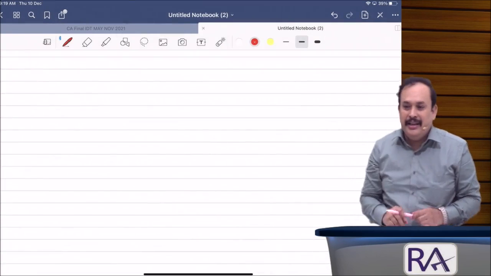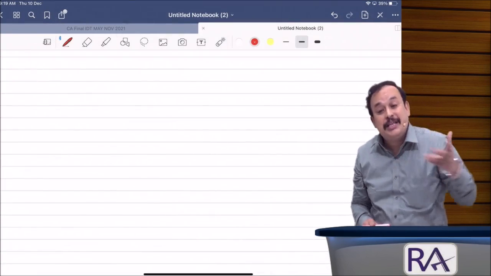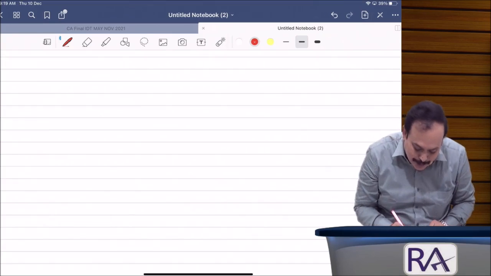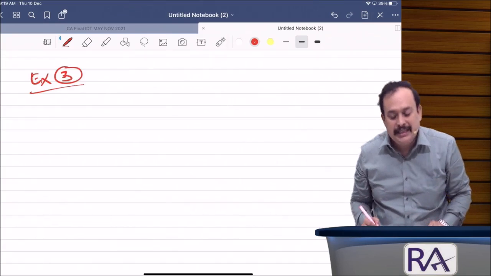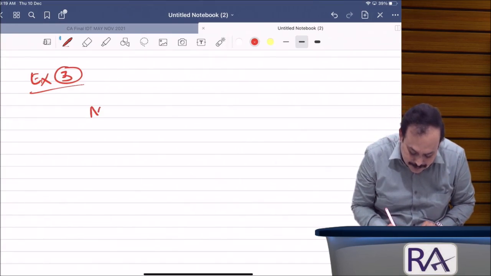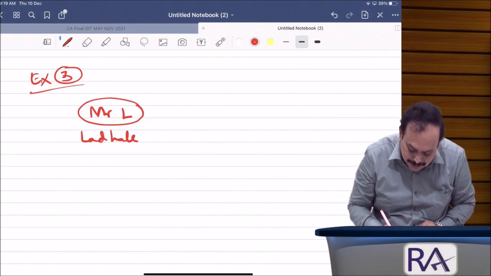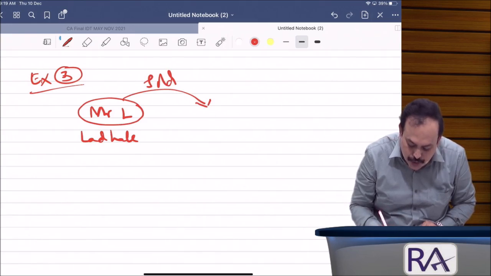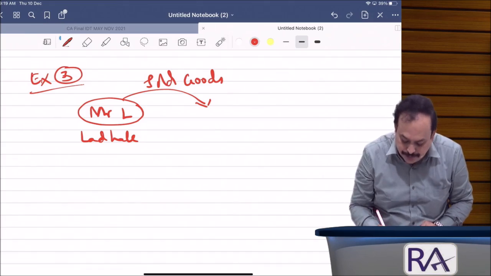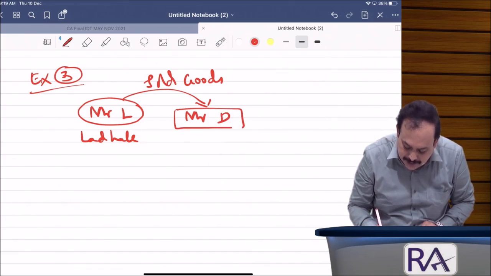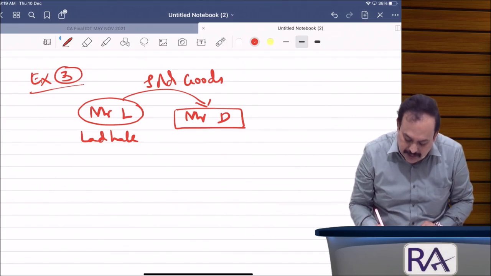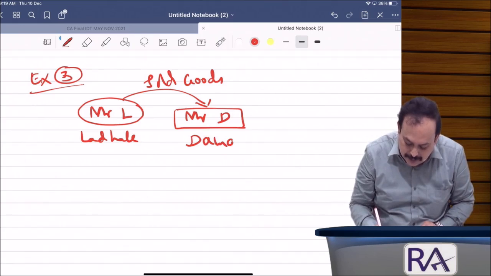So, let us take a transaction between two union territories which have no state assembly. Example 3. Let us say Mr. L of Ladakh sold goods to Mr. D of Daman.